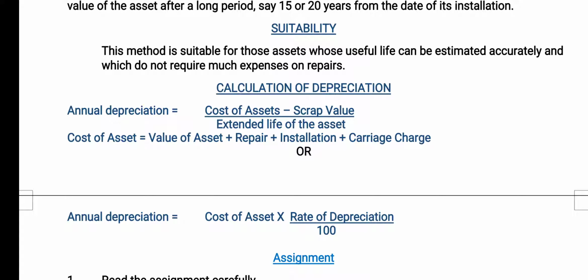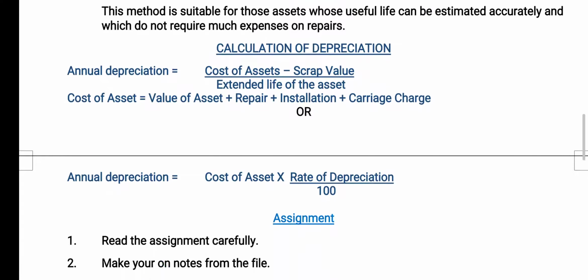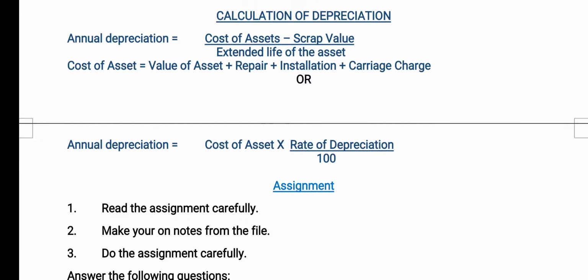Then the cost of asset minus scrap value is divided by the estimated life of that particular asset. Or the other way, you can calculate cost of asset multiplied by rate of depreciation divided by 100. So this is the formula through which you can calculate the depreciation.